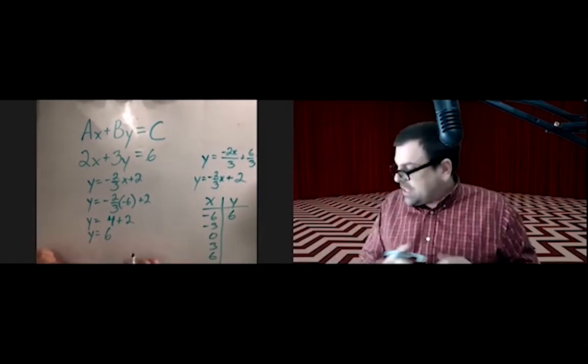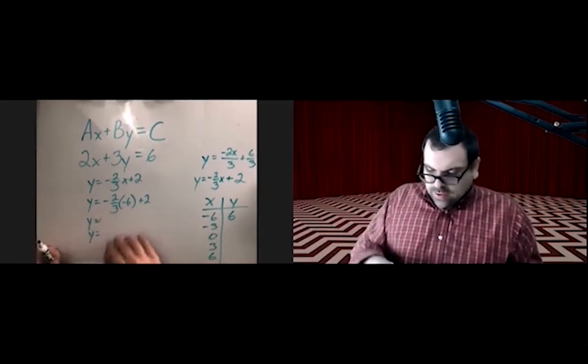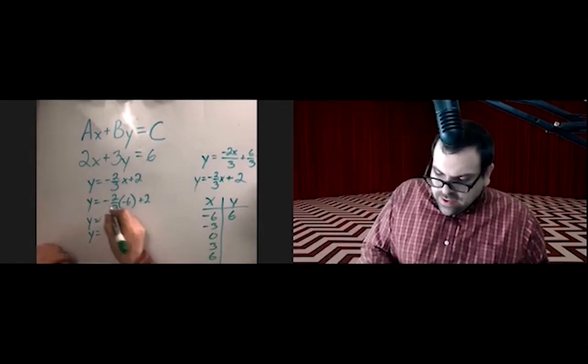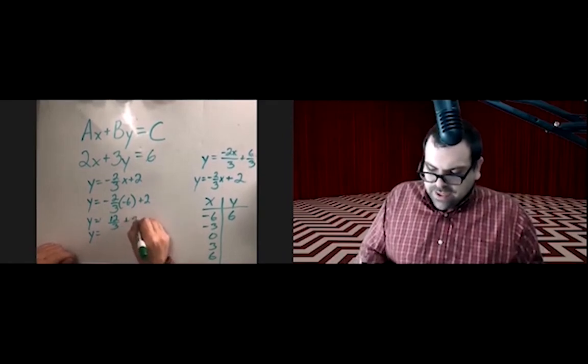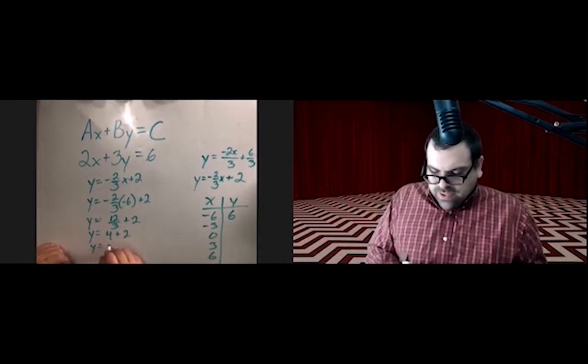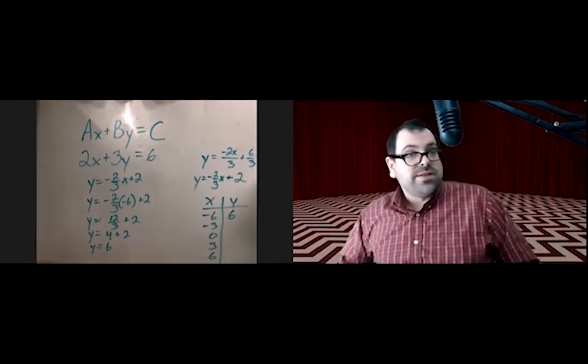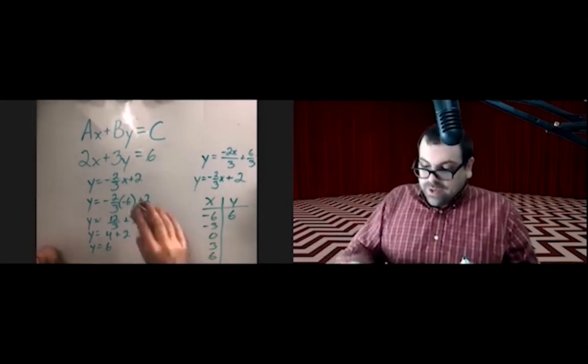If you want to see more steps here, I'll go ahead and show this again. -2 times -6 would be +12 divided by 3. 12 divided by 3 is 4. 4 plus 2 gives us our 6. Let's go again.